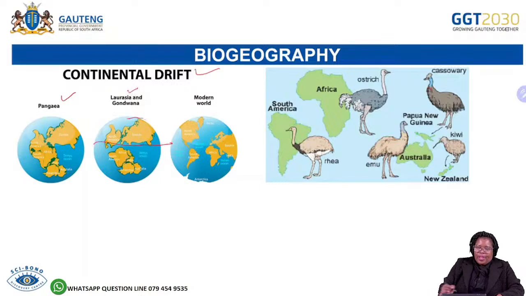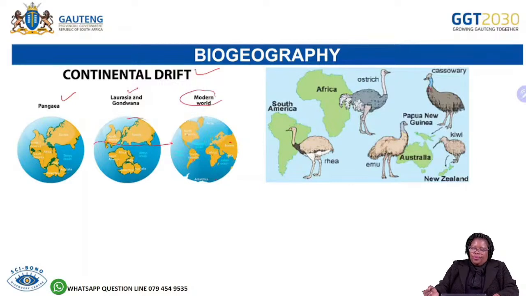Now, in the modern world, in present times, this is what we have. We've got different continents. Some of the living organisms that were there moved to the oceans, and we also had the formation of what? The mountains. Hence, we can see areas full of mountains, and we've got continents that are surrounded by the sea.